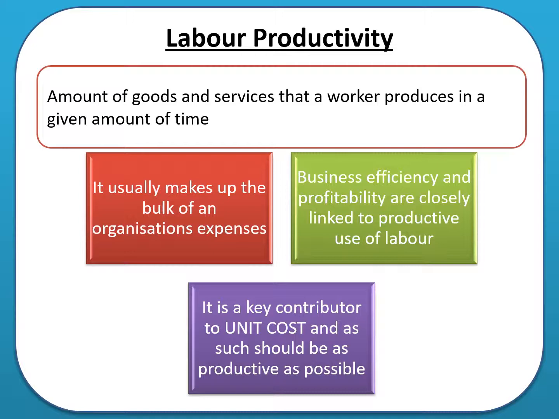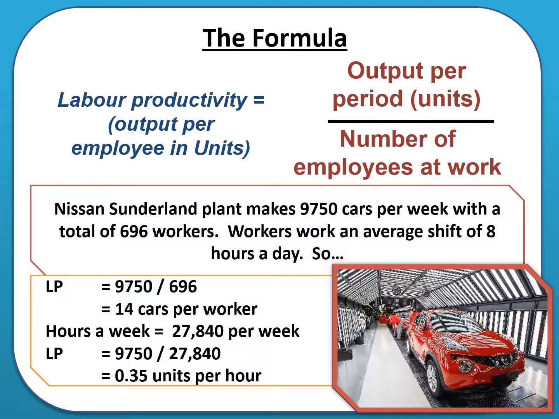So you need to make sure that all of your workers are working efficiently and profitably, actually producing what they can, how they can. It is a key contributor to unit cost and as such it should be as productive as possible. You need to make sure your unit costs are kept as low as possible because they should be working at their maximum output.